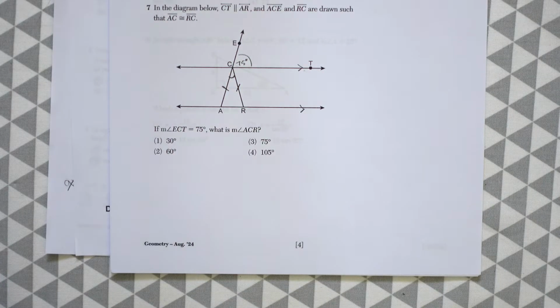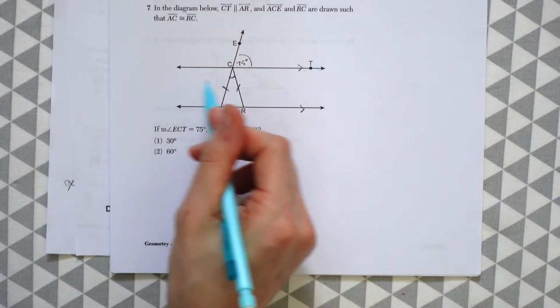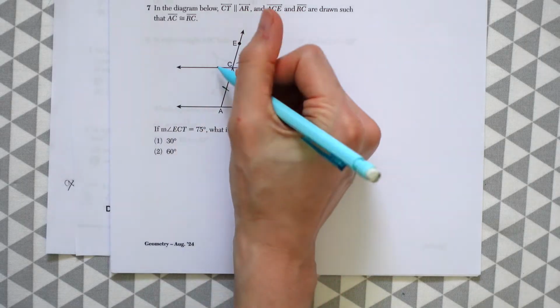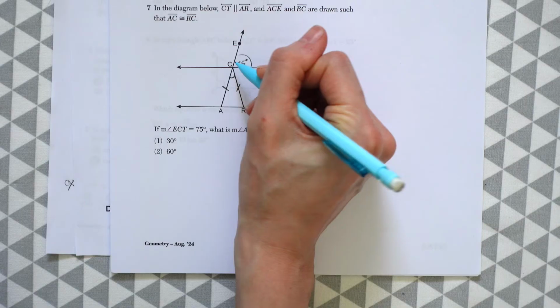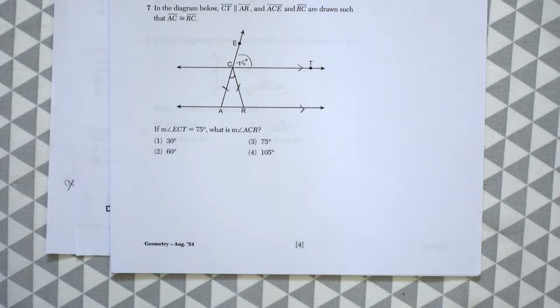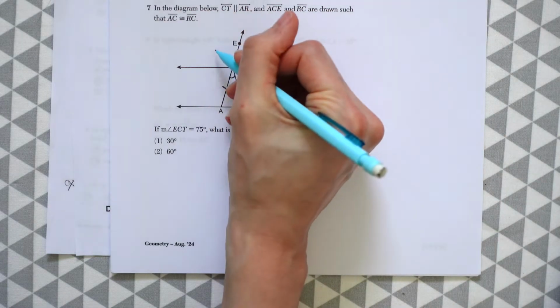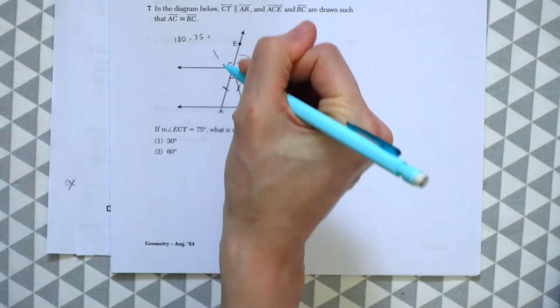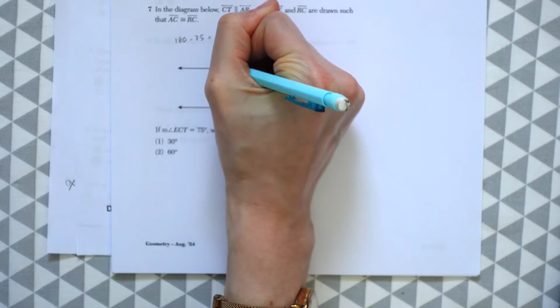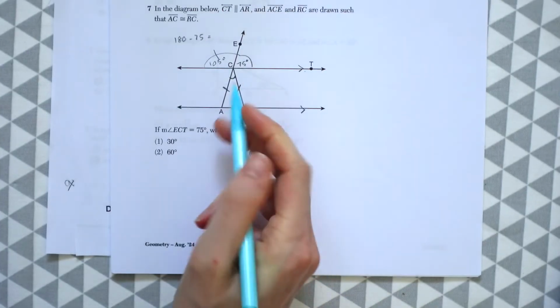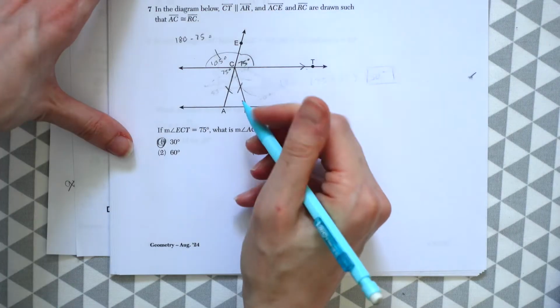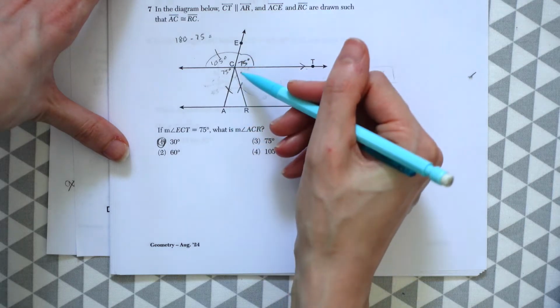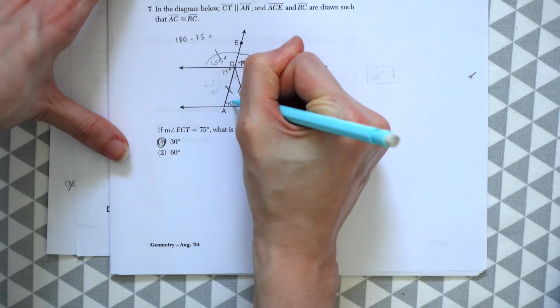Okay, so we know angle T is a line, and so we know that this whole thing is going to have to add to 180, right? So to get this value, we're just going to do 180 minus 75, which is going to be equal to 105. So this over here is 105 degrees. Because of this vertical line, we also know that this in here would be 75 degrees.